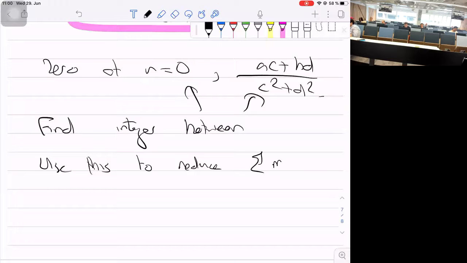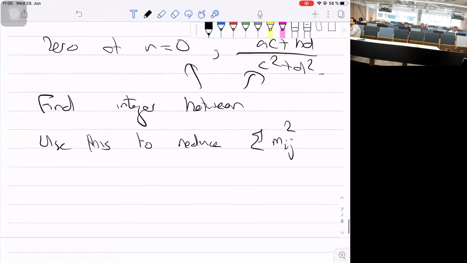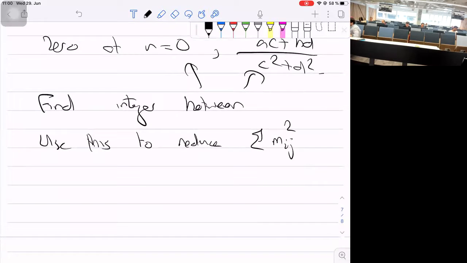But if you keep going like this to reduce the sum of squares of the matrix, you either end up acting with this (1, 2; 0, 1) some number of times, or the (1, 0; 2, 1) some more times. One of them reduces the norm of the top row, one of them reduces it for the bottom row, so you just keep alternating between the two until you've made the sum of squares of the matrix as small as you can.